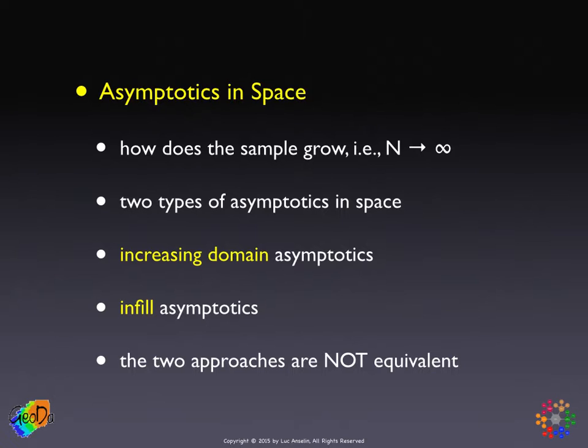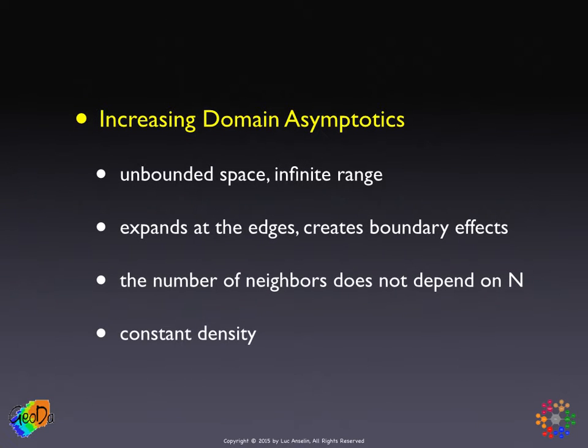So it is not automatic that something, the consistency of an estimator for example, that is established for increasing domain asymptotics also holds for infill asymptotics. So what are these 2 types then? Increasing domain asymptotics is really a notion of unbounded space.